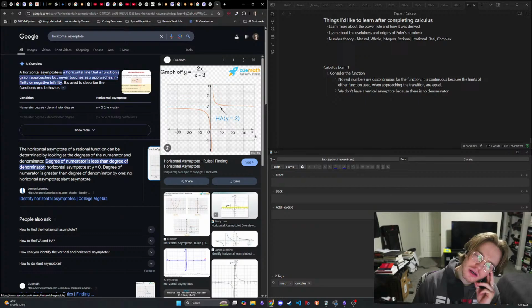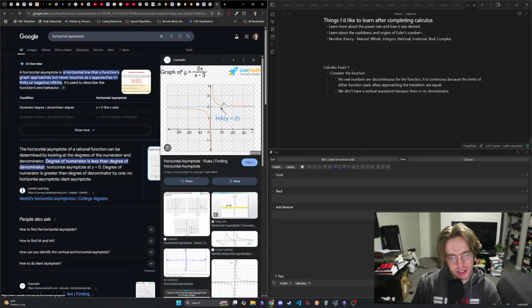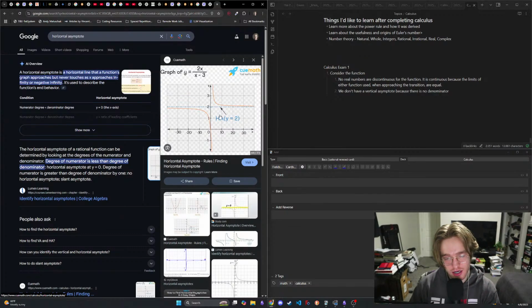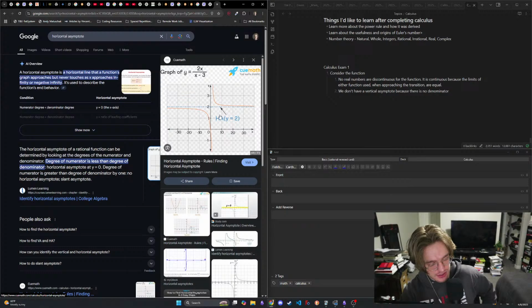Okay, no, that's correct. And then conversely for vertical asymptotes, as the denominator reaches the limit, or I guess as the result of the denominator gets close to 0 but is not quite there, it approaches infinity.